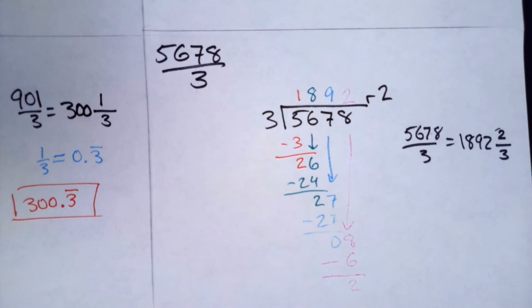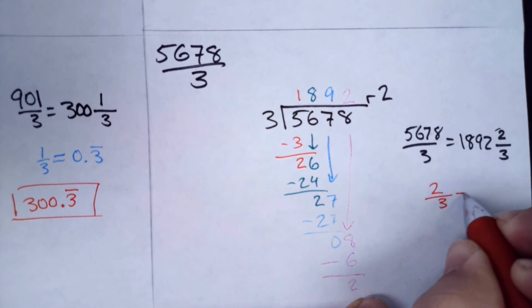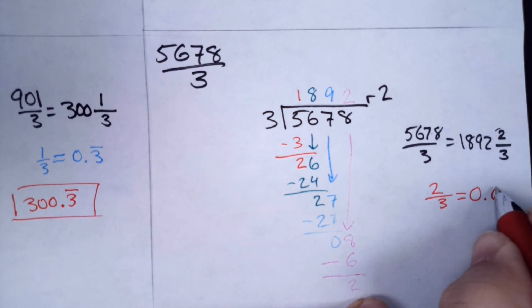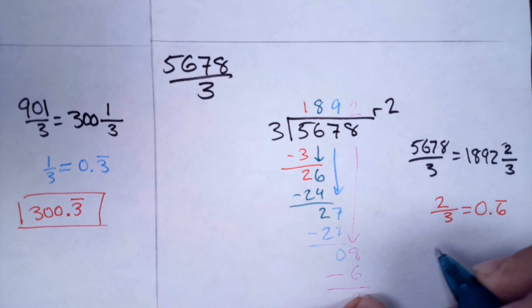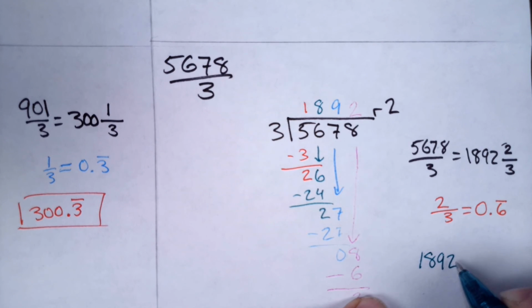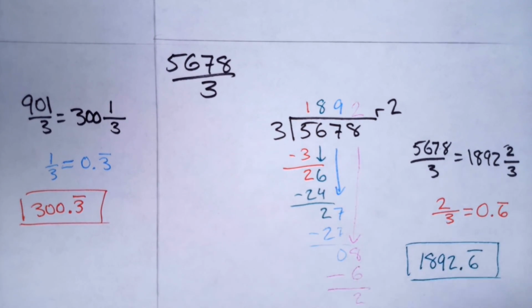But you probably remember that 2/3 is the same thing as 0.6 repeating, right? It's a 2 times 3 is a way to remember that, which means that I can rewrite this as 1892. Then I'm going to add on that 2/3, 0.6 repeating, and there's our answer.